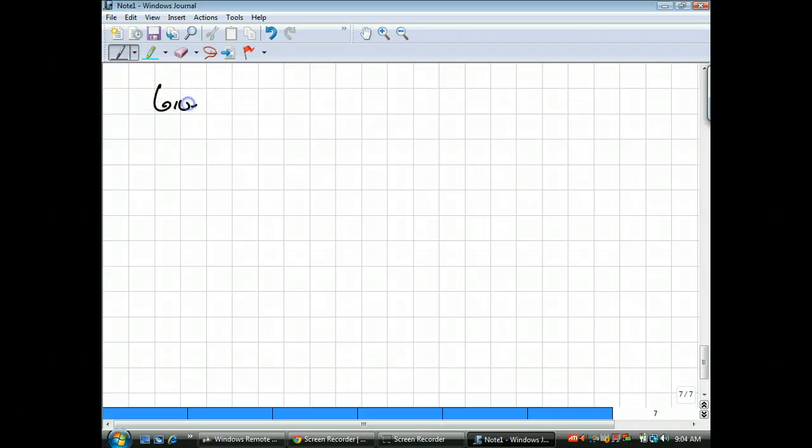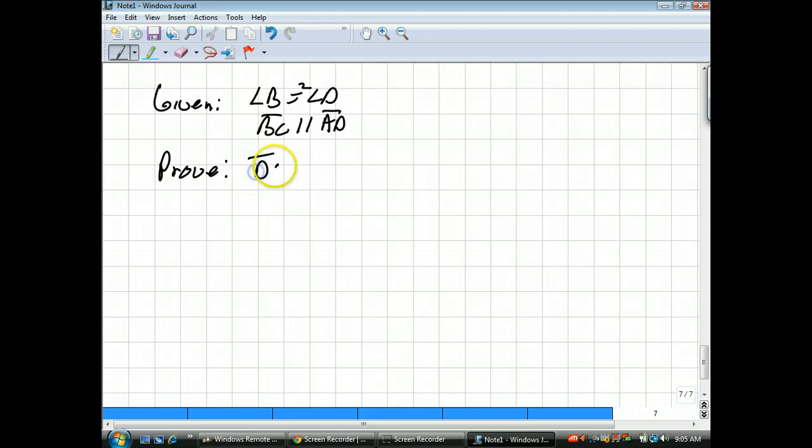So our given is that angle B is congruent to angle D, and that segment BC is parallel to segment AD. And I want to prove that segment DC is congruent to segment AB. Okay, and here's my picture.